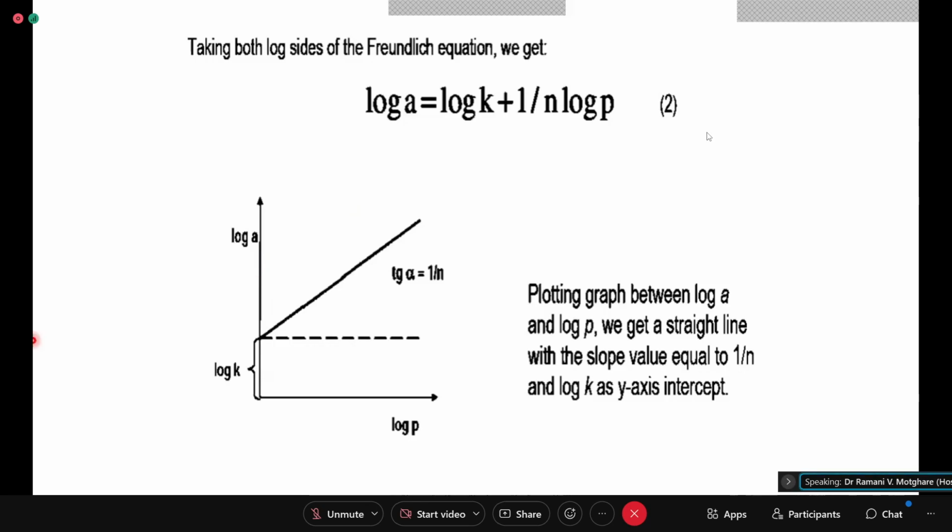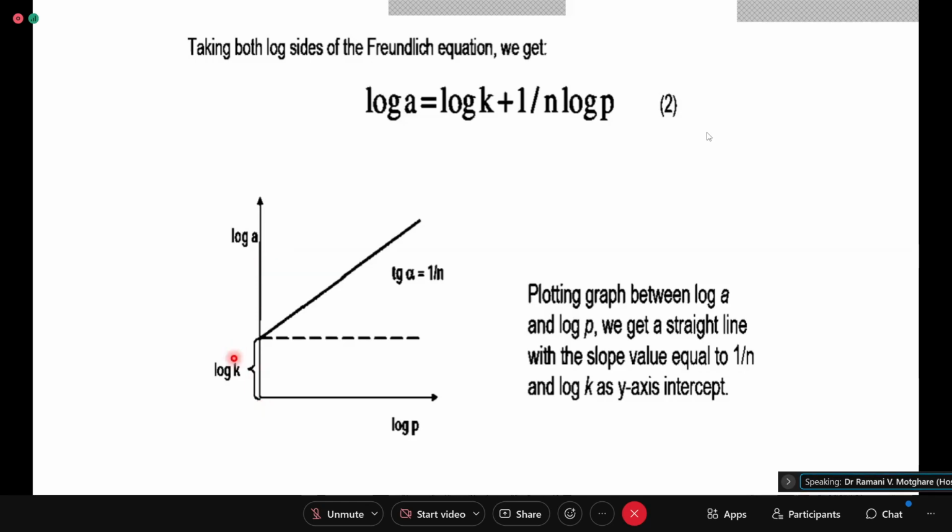If you are having one charcoal like this, and another charcoal, the graph starts from here. This is your log K1, and if this is your log K2, and log K2 is more, that means at very low concentrations, where your water has very low arsenic, this particular charcoal has more ability to adsorb arsenic.